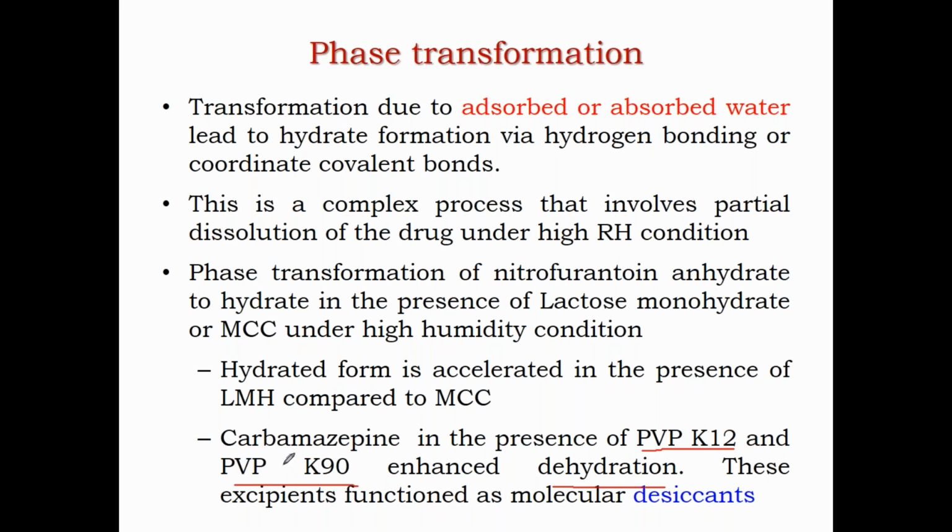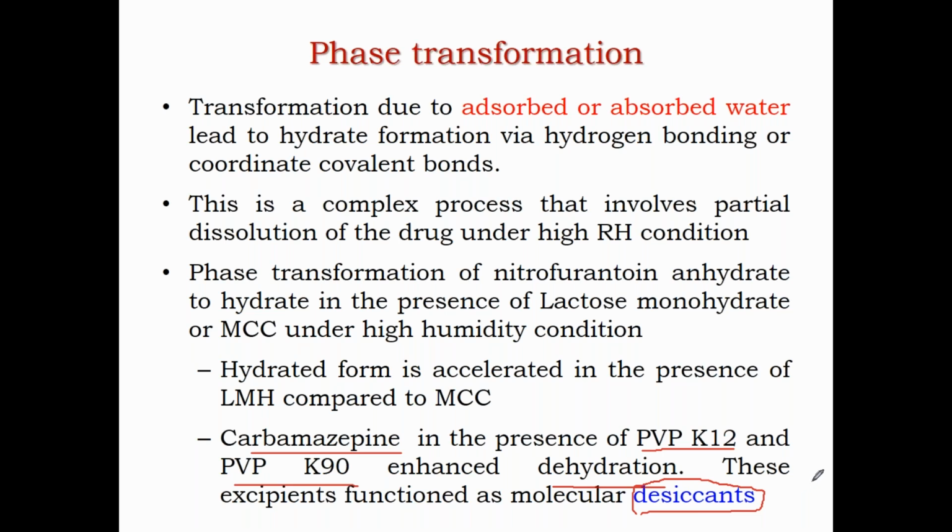But in this other example, carbamazepine, what they observed was that the added PVP-K12 and PVP-K90, though causing an interaction resulting in dehydration, that dehydration was an advantage. So this excipient functioned as a molecular desiccant. They decided to add this as a molecular desiccant so that the absorption of moisture can be avoided.